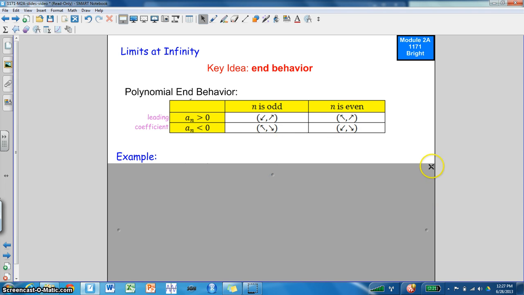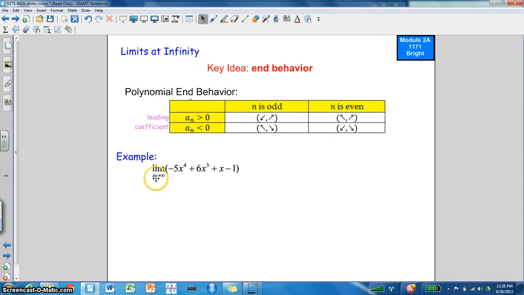For an example, we have the limit as x approaches infinity of minus 5x to the fourth plus 6x cubed plus x minus 1. When we look at a polynomial's end behavior, or its infinite limit, all I'm concerned about is the leading term.